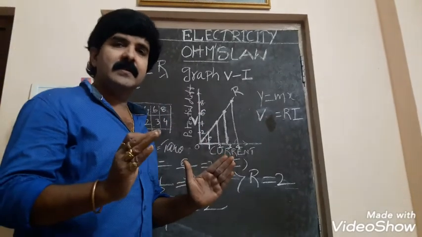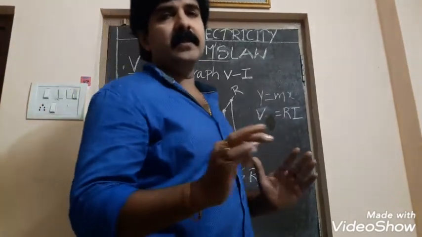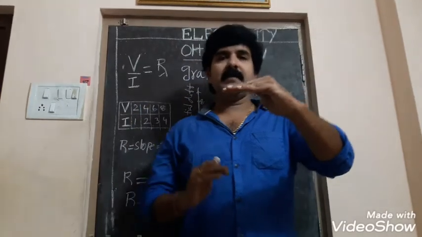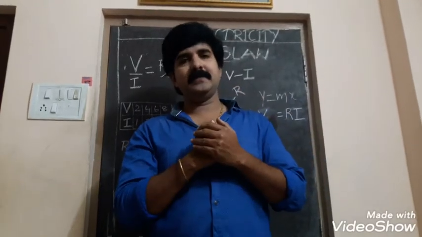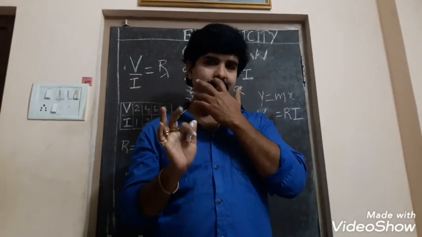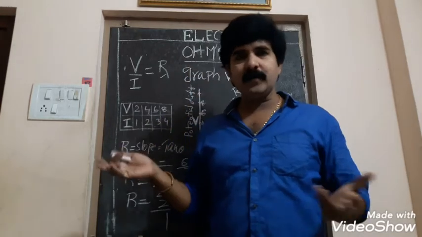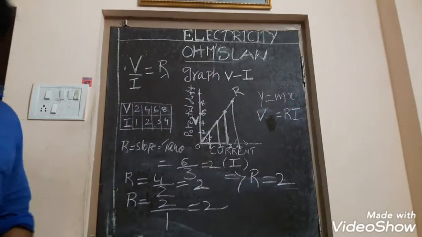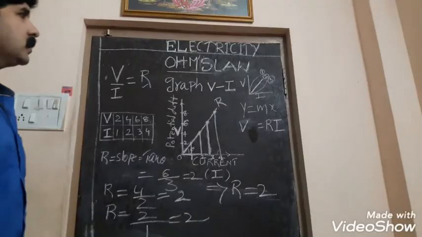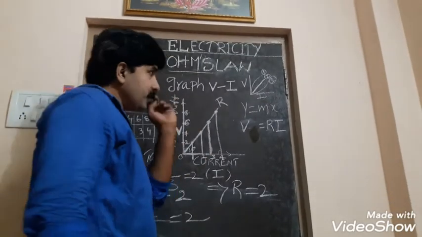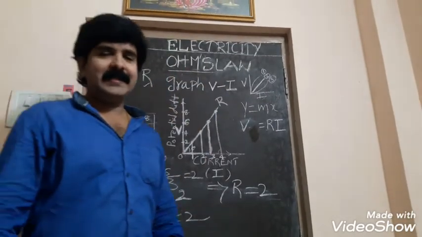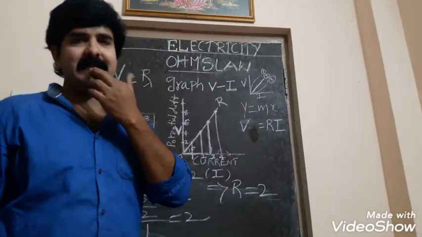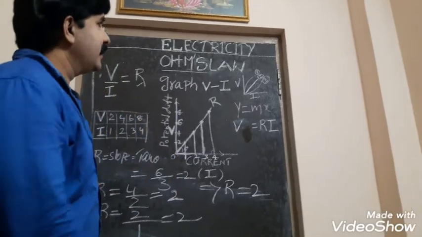That means the ratio between potential difference and flowing current is always constant. That is the Ohm's law that we proved through plotting a graph. Is it clear? In a board examination, he has given like this.